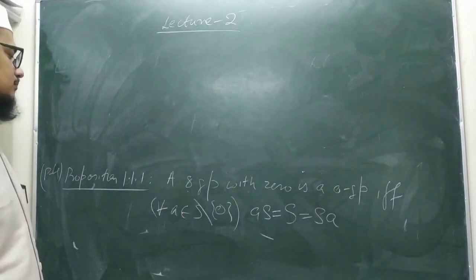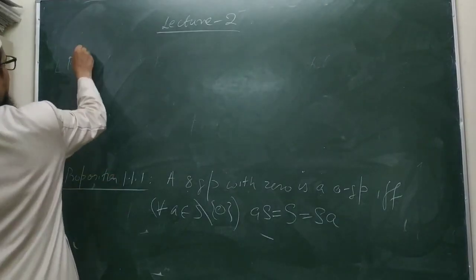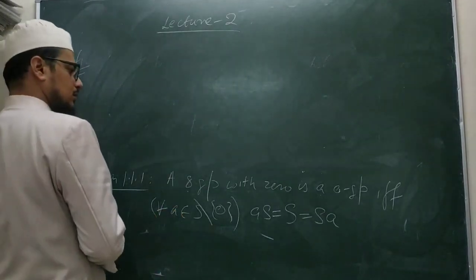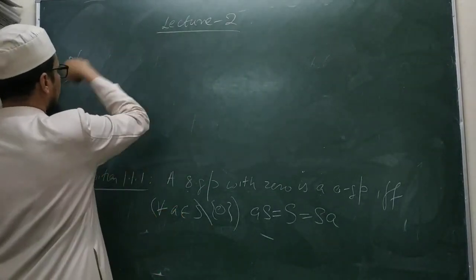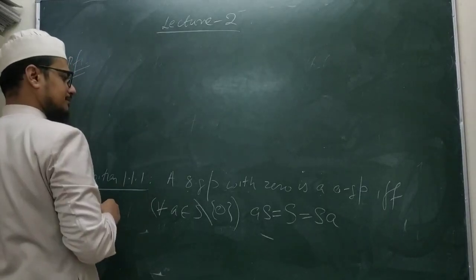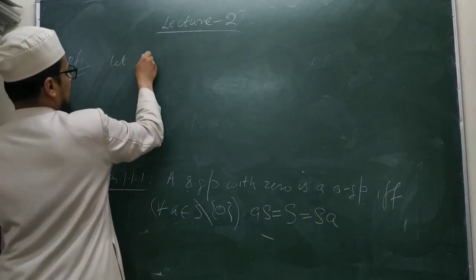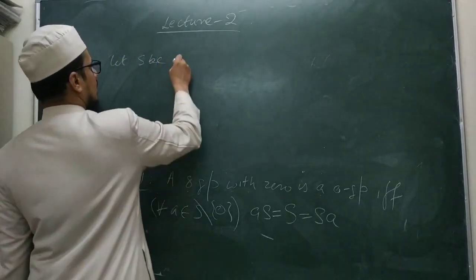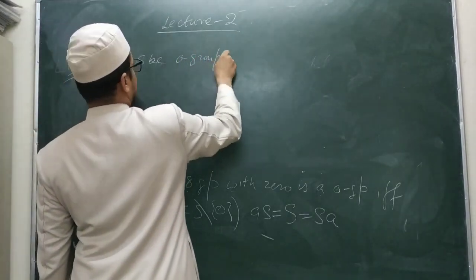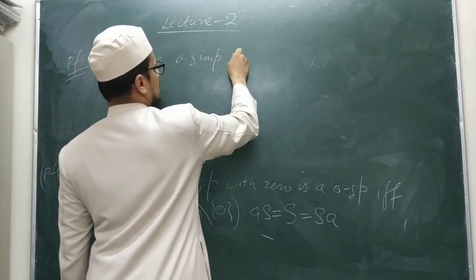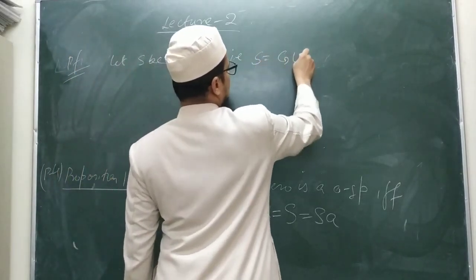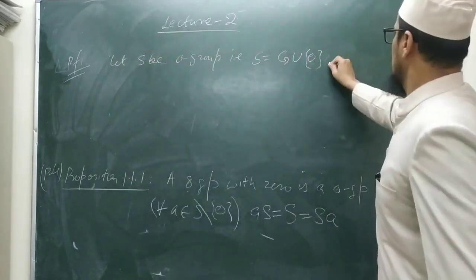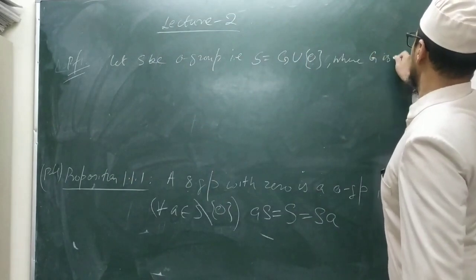Proof. Let S be a 0 group, that is S is equal to G union 0, where G is a group.